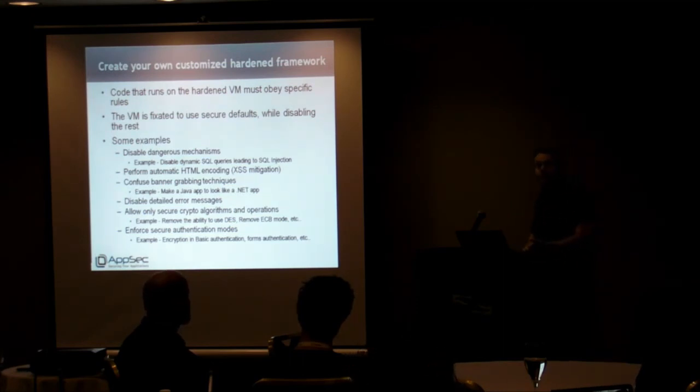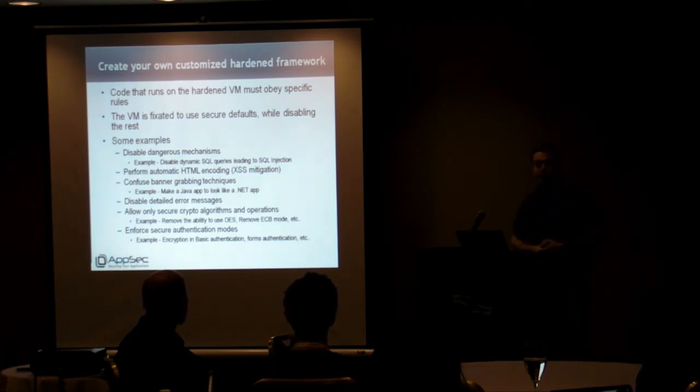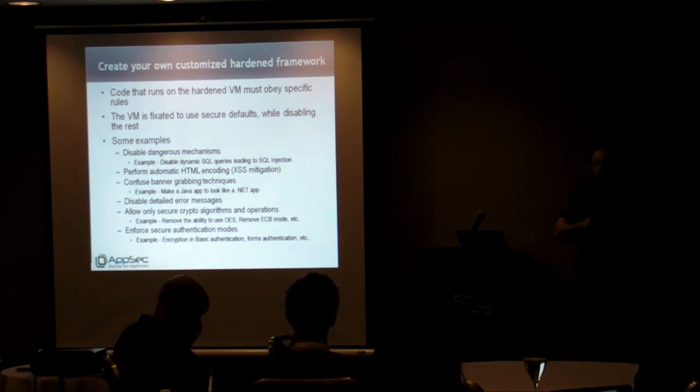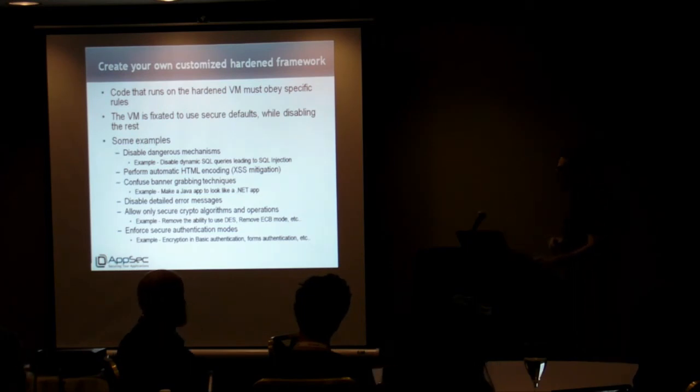But what happens, for example, if we remove the ability to do a dynamic SQL query from the beginning? So we can actually harden runtimes. By that, we change their behavior. For example, we'll disable the ability to do a dynamic SQL injection. We'll do automatic HTML encoding for some inputs that we know for sure that we can do.